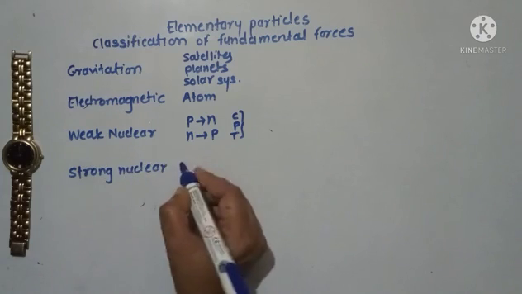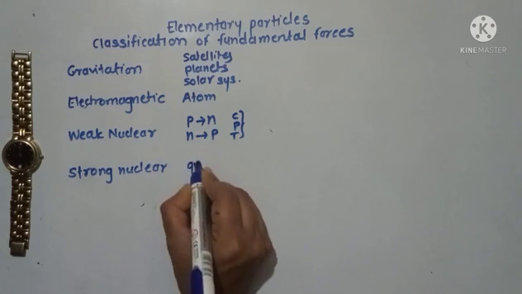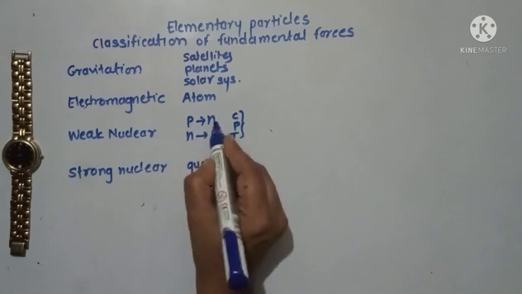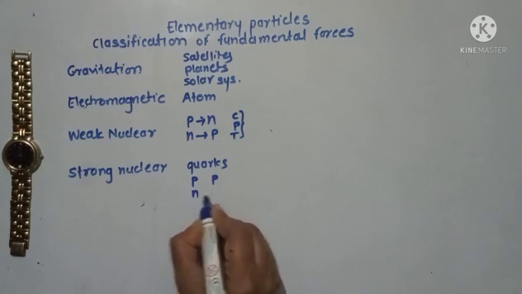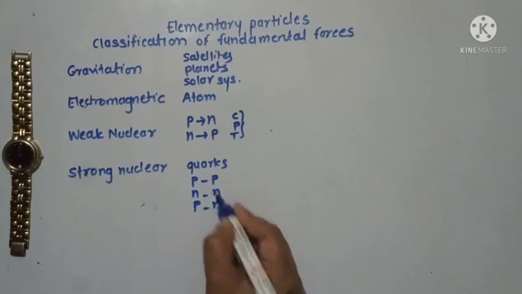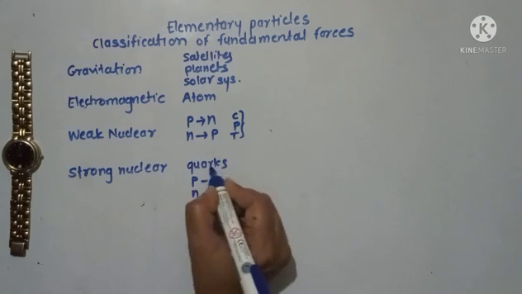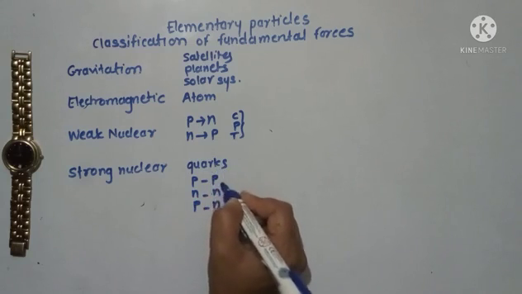The strong nuclear force is present between the quarks, I would say. It is present inside the proton and inside the neutron, or it is a force of attraction between two protons, or two neutrons, or a proton and a neutron. The force of attraction between these is also called a strong nuclear force, and the force present between the quarks is also called a strong nuclear force.